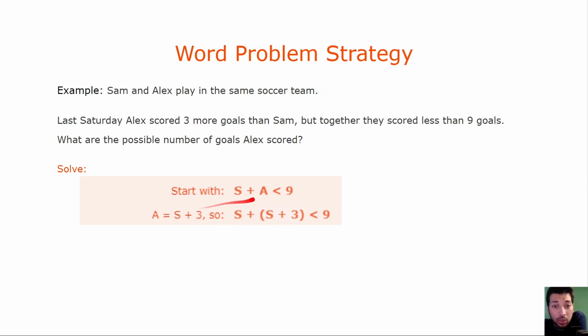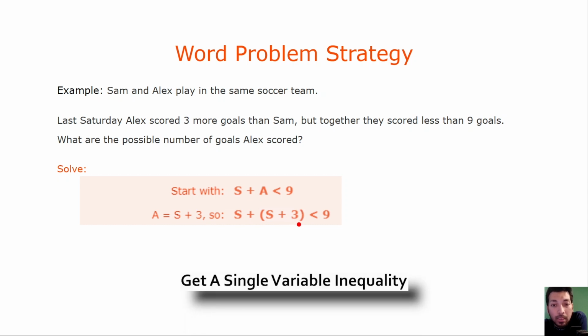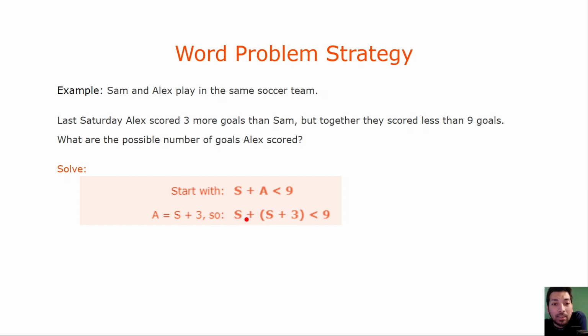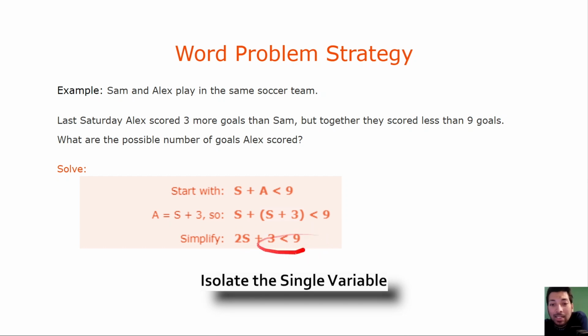This is the substitution property. We substitute A with S plus 3, so now we have S plus, open parenthesis, S plus 3, close parenthesis, less than 9. Here the variable S terms are like terms, so S plus S gives us 2S. So we have 2S plus 3 less than 9.